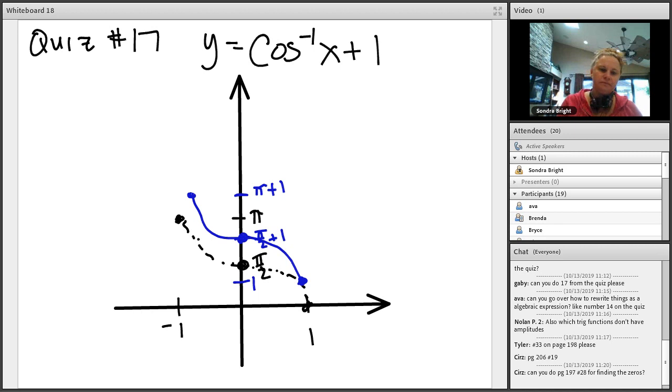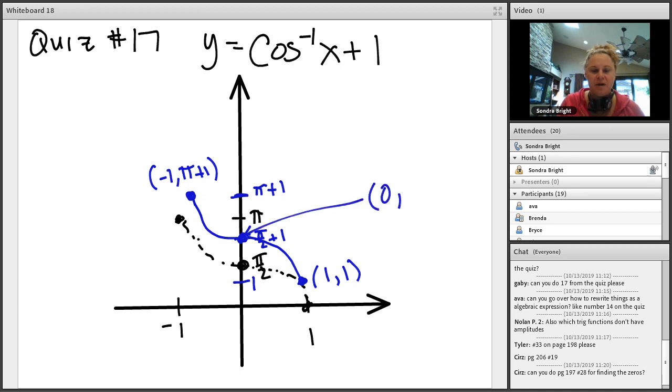Like that. So I told my students they needed to give me these exact values, not decimals or anything like that. You either change your values on your y-axis to be the exact pi over 2 plus 1 and pi plus 1, or you could label it like this: this point right here is -1, comma, pi plus 1; this point right here is 1, 1; and that point right there is 0, pi over 2 plus 1.